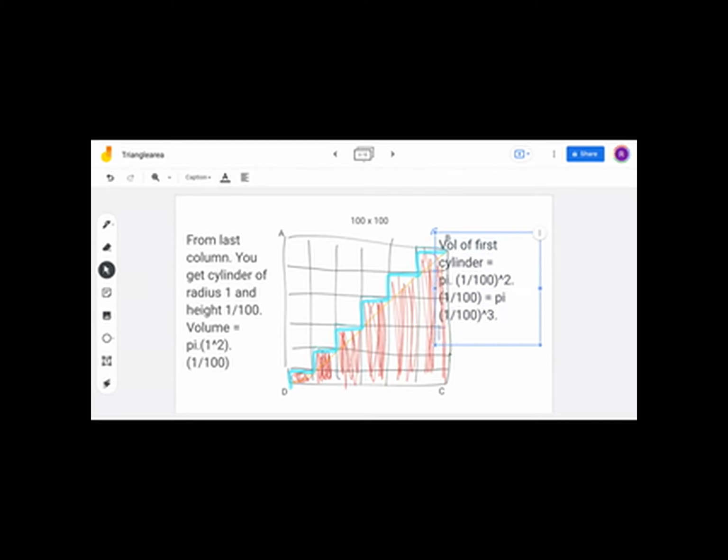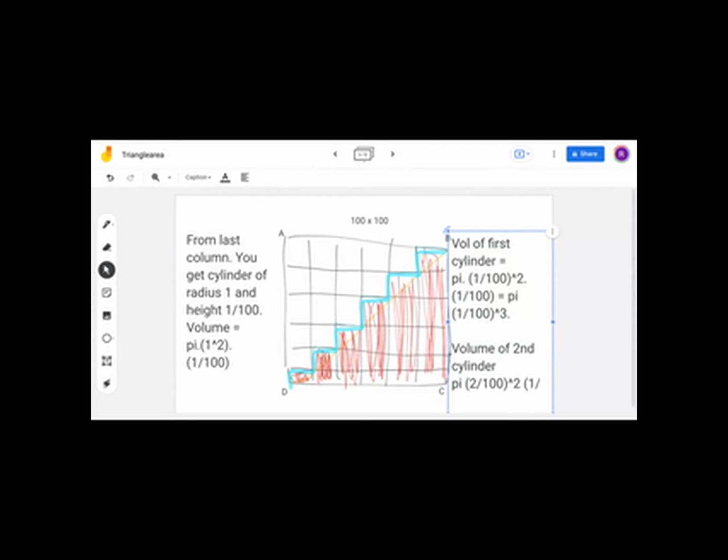Now the volume of the second cylinder is how much? Pi into 2 by 100 whole squared into 1 by 100, right? Yes, sir.